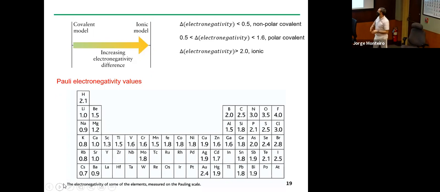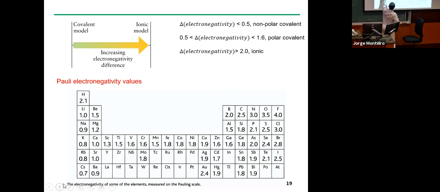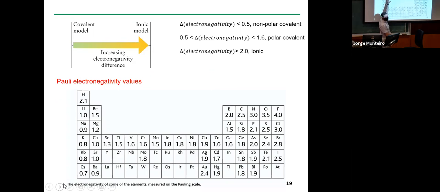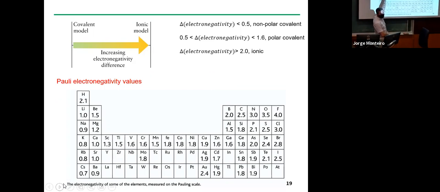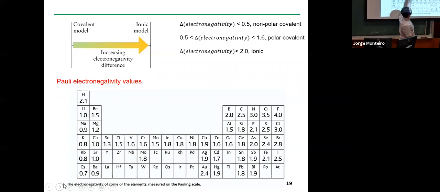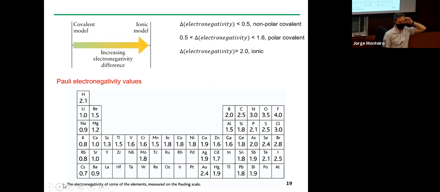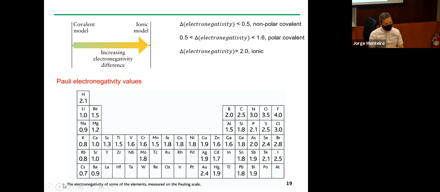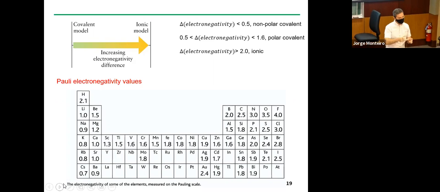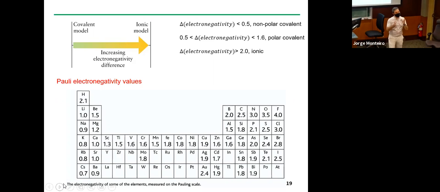So you have compounds that are very close to 100% covalent, and compounds that are very close to 100% ionic. When you determine the difference between the electronegativities, you're going to localize them in the scale.